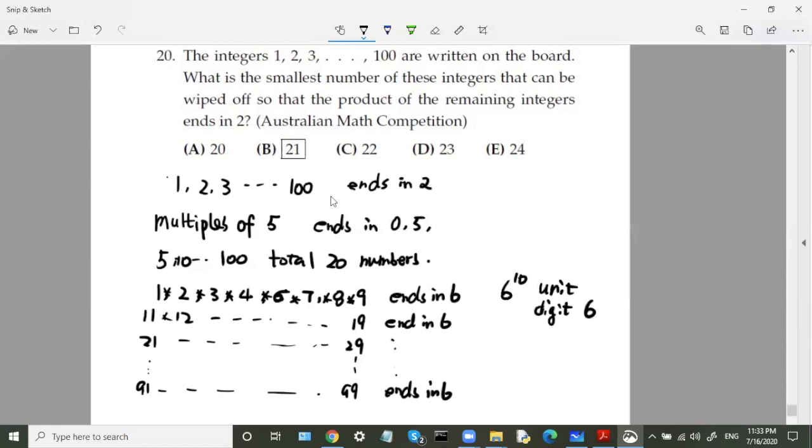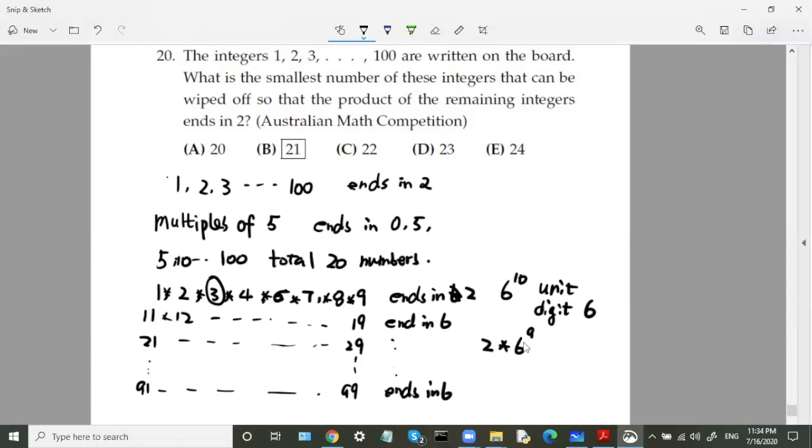So in order to get the unit digit 2, we need to wipe off one more number. So let's wipe off 3. Then this would end in 2. So then we have 2 times 6 to the power of 9. The 6 power always has unit digit 6.